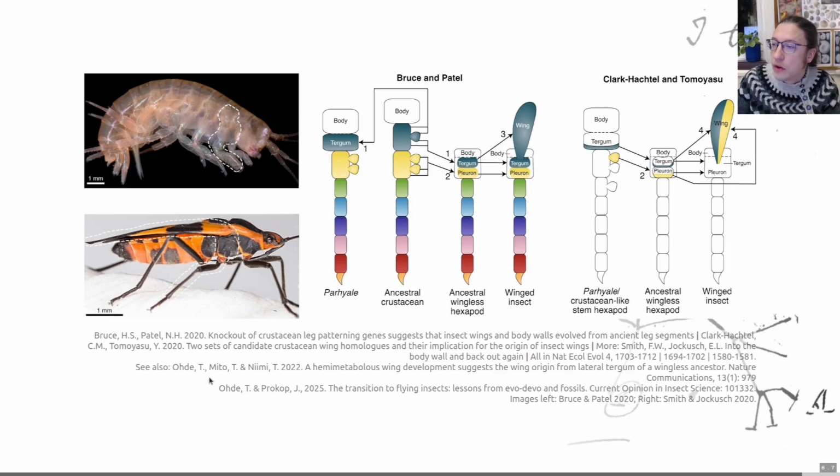And I just wanted to highlight also that Ohde and Prokop in 2025 support this first hypothesis and look at Paleozoic fossils and identified both thoracic and abdominal lateral body outgrowths, which they suggest may be transitional wing precursors, and suggested that they possibly had a role as respiratory organs in aquatic or semi-aquatic environments. So fossils are starting to fill in a few of the gaps in this sequence as well. It's a really complex but really cool picture that we're starting to build up in recent years.